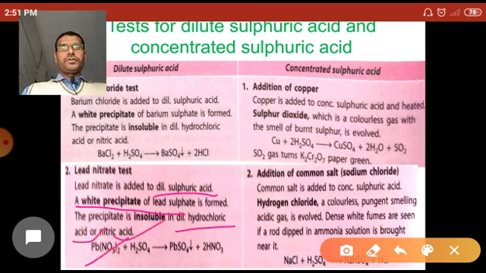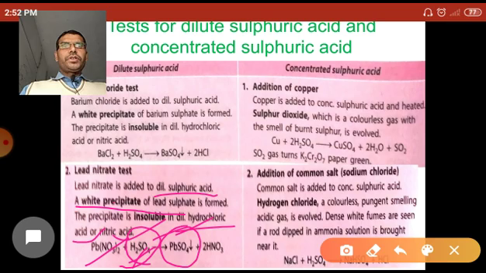So lead nitrate reacts with dilute sulfuric acid, not the conc sulfuric acid, to produce a white precipitate of lead sulfate, and that precipitate is insoluble in dilute nitric acid and dilute hydrochloric acid. So it indicates that the given solution is dilute sulfuric acid.